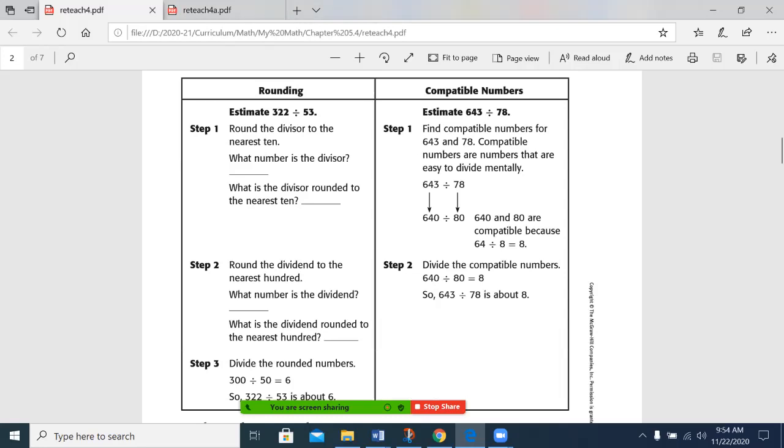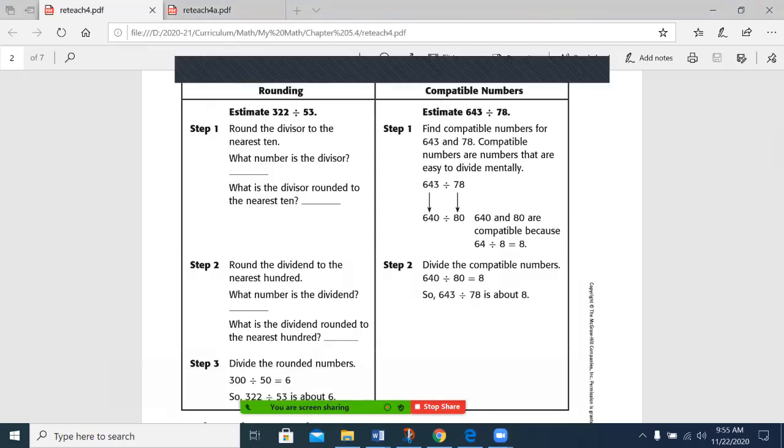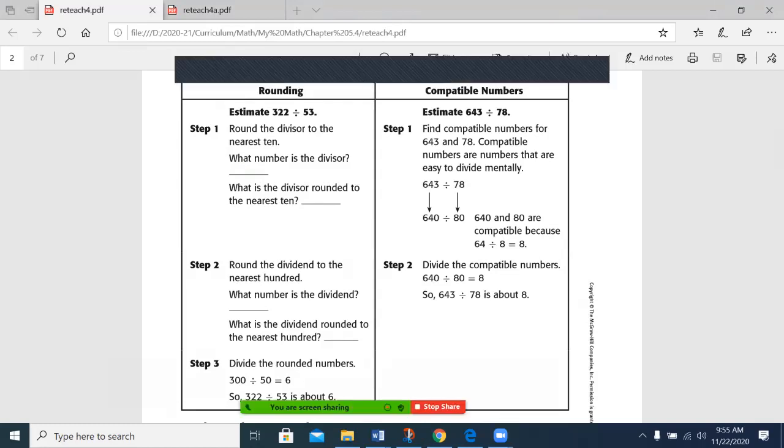Step 1, round the divisor to the nearest 10. And the divisor is the number that you're dividing by. So what is the nearest number to 53? Is it going to be 50 or 60? Well, this 3 tells you that this 5 should stay the same, so it's going to round to 50. Oh, sorry, I'm going to put 53 there. Got a step ahead.